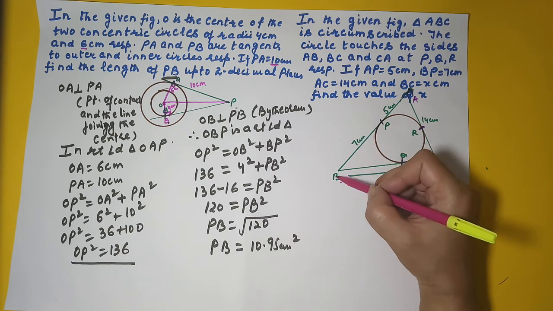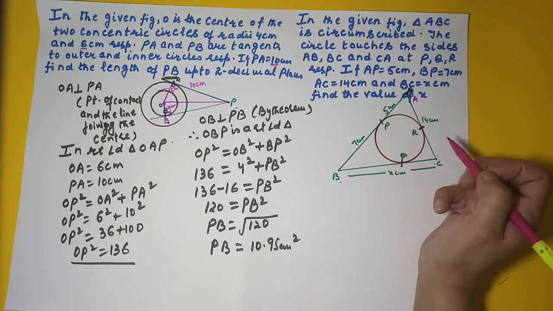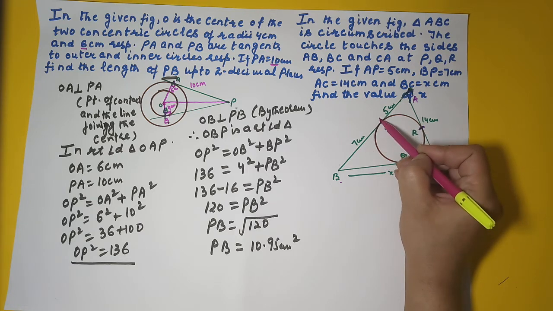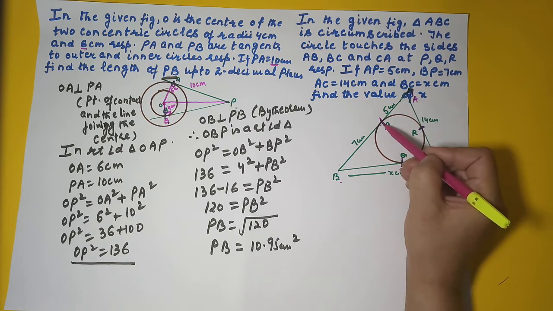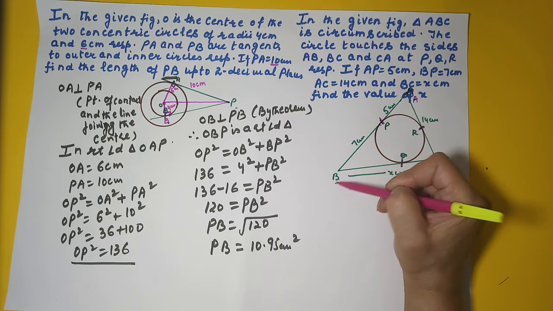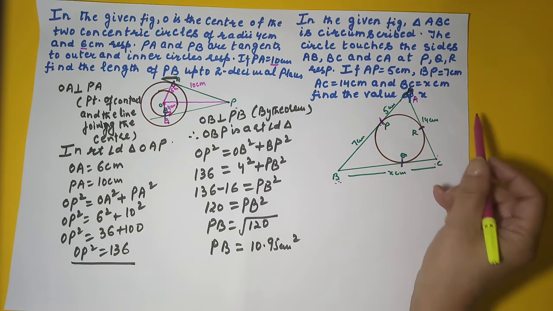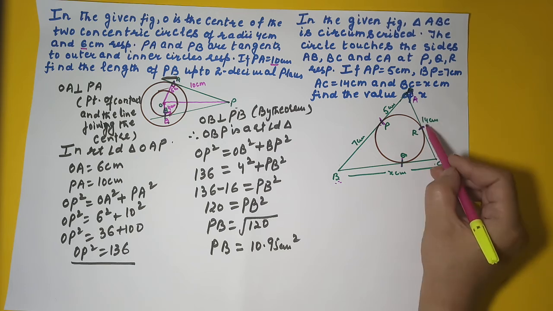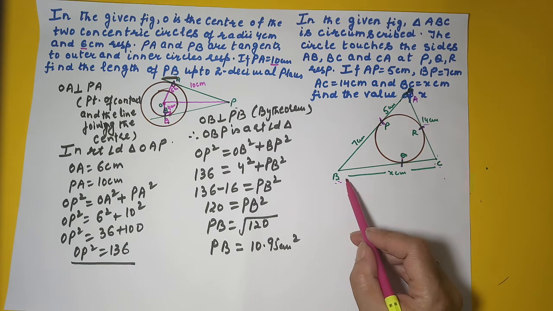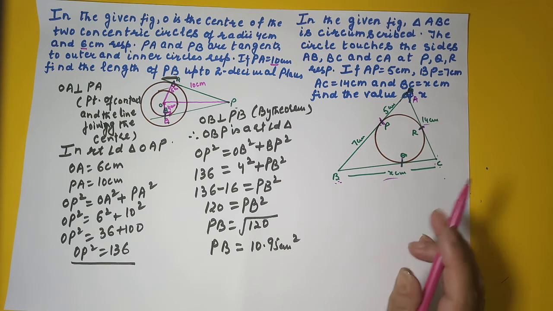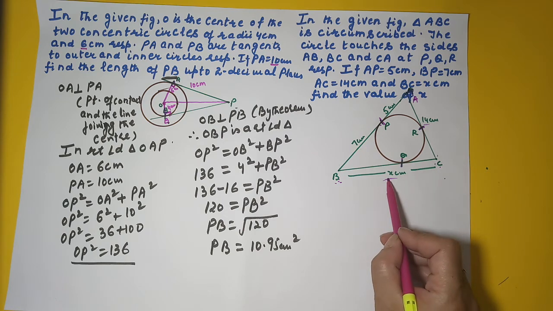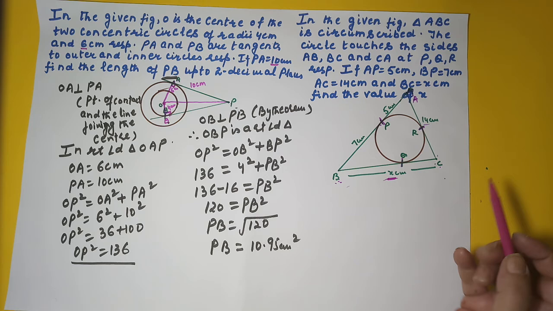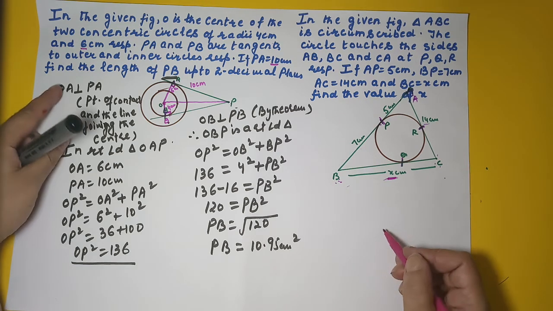He has also given us the length of side AB as 7 plus 5, that is 12. That means PA is 5 and he is saying that PB is 7. Here he is saying that AC, entire AC is 14 centimeter and BC is X centimeter. So he wants us to calculate the length of this side BC, that is this X. So what will we do?